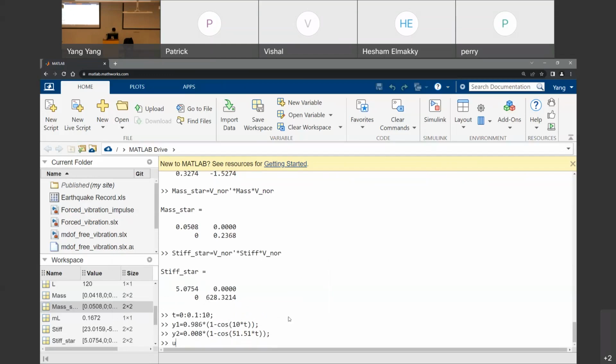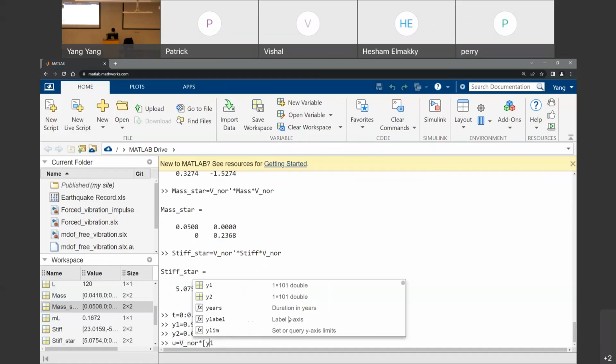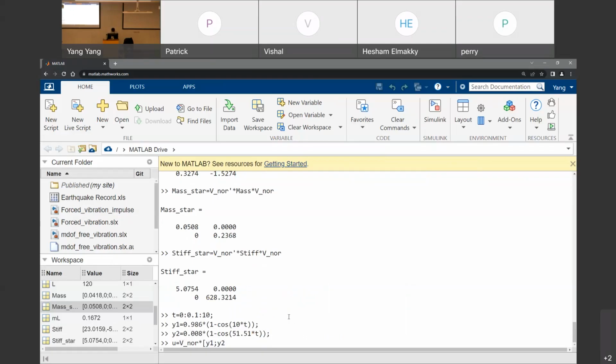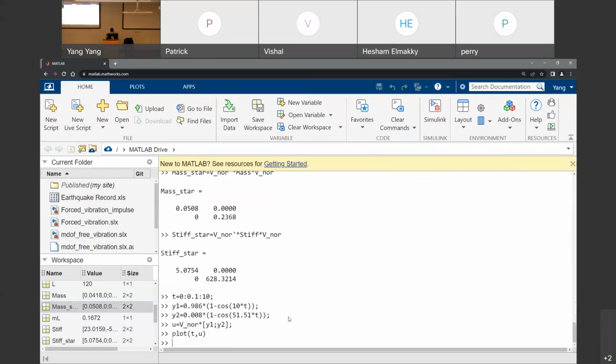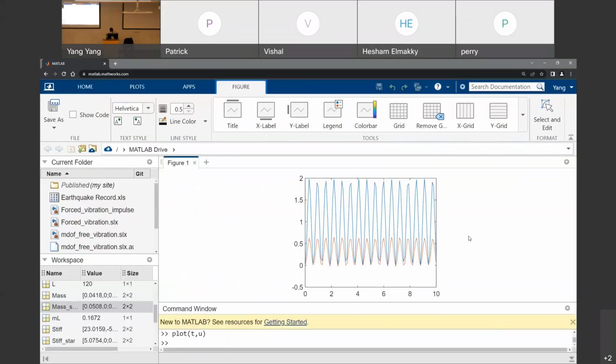So the total, based on u, is equal to the normalized eigenvector and the modal responses.